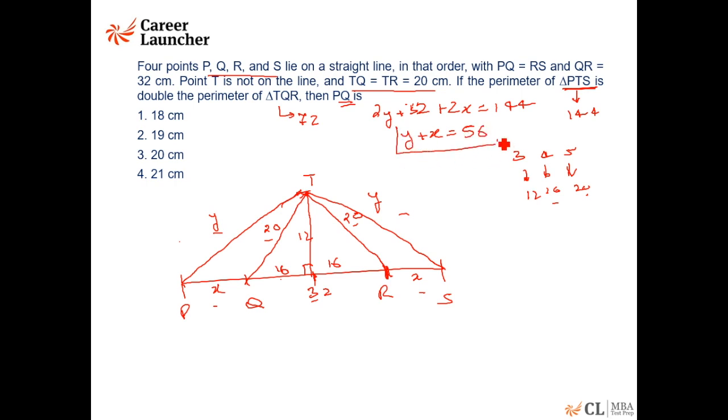One equation. What is the second equation? We'll apply the Pythagoras theorem, which means y square is equal to 16 plus x square plus 12 square. Okay. Now you need to solve these two equations.